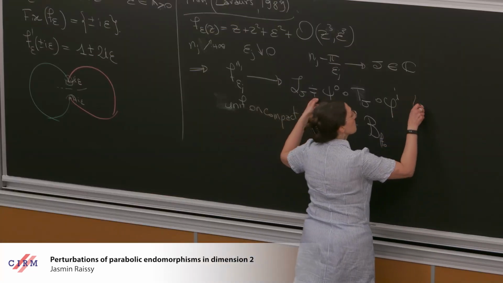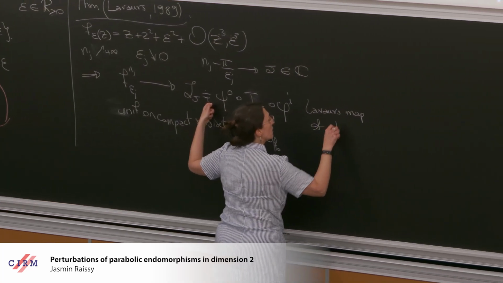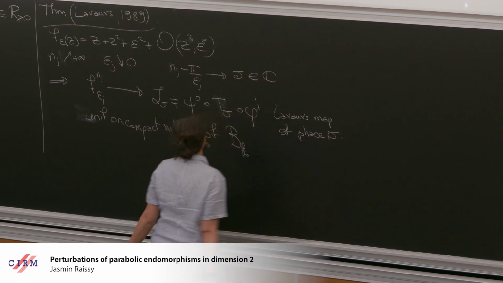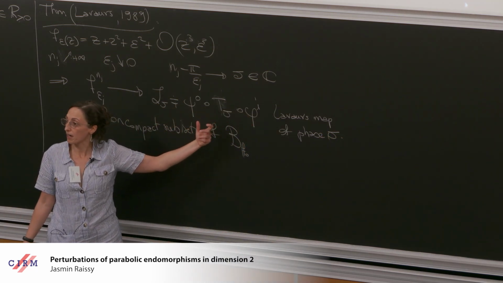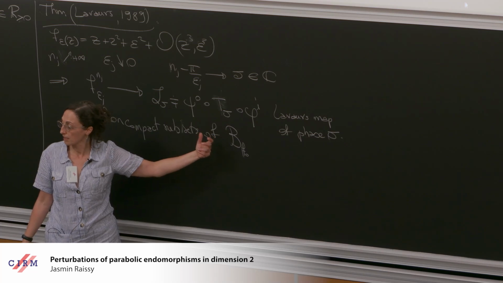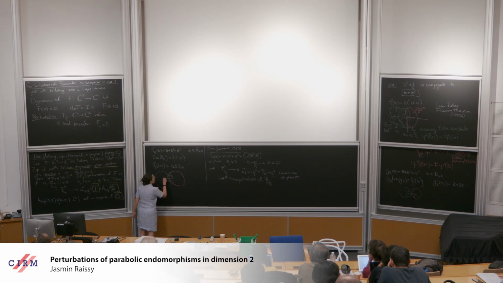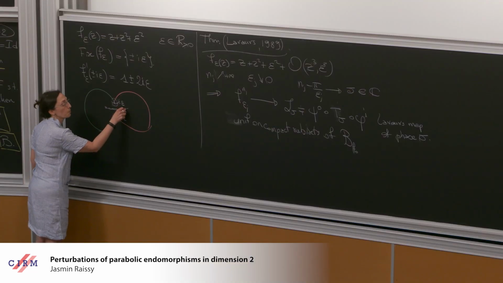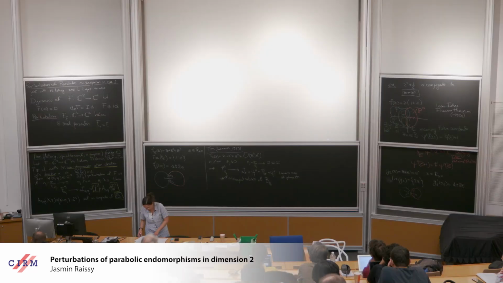So this is the Lavaurs map of phase sigma that depends only on f_0. And it explains how much time you need to pass from here to here. If you are using phase 0, this is correct. If you're not using phase 0, it's not completely correct, but trust me.